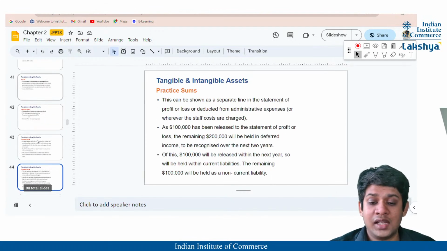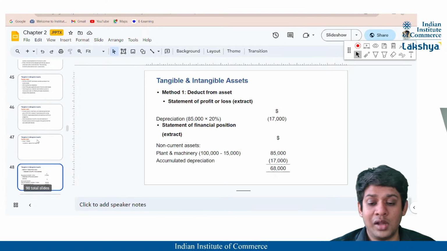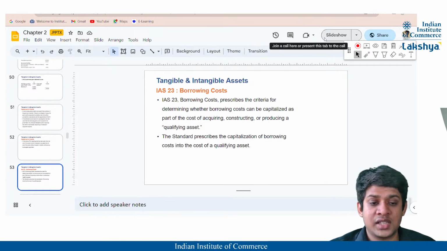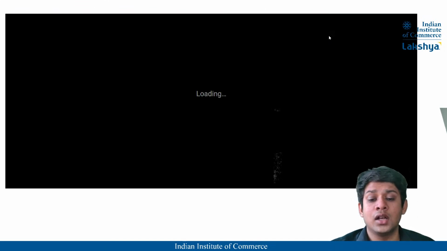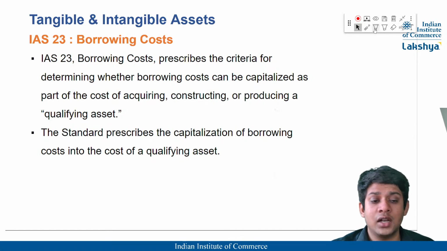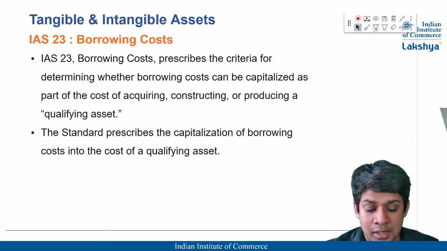Okay. Now IAS 20 is an accounting standard that we'll do later. Firstly, we are going to jump to the next accounting standard, which is a very short accounting standard, that is IAS 23 borrowing costs. So let us get started. With this, guys, our IAS 16 has come to an end.